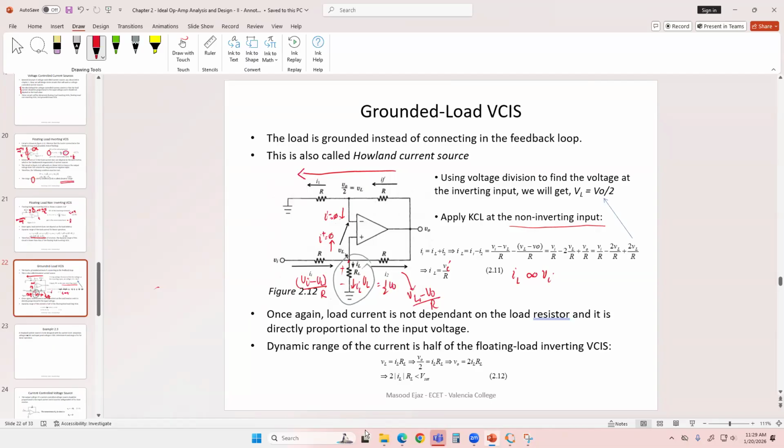If we find the dynamic range of the load current for which the circuit is going to operate properly, we can do that again from here. Load current is equal to VL over RL, or VL is equal to IL times RL.